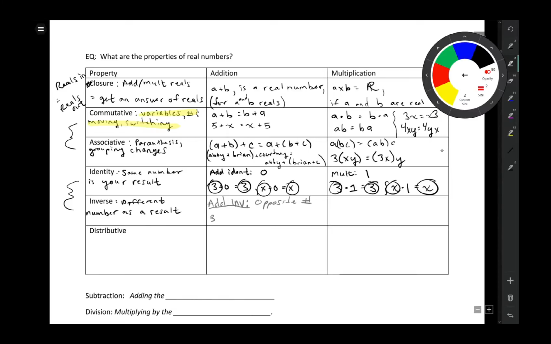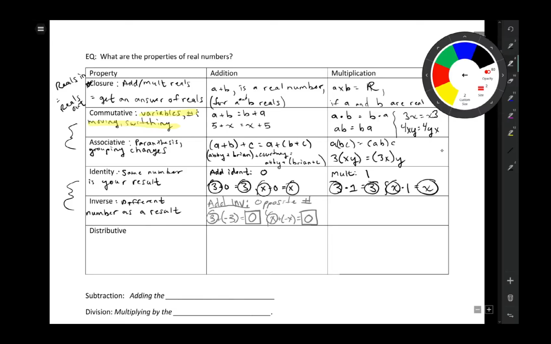So 3 plus negative 3, that is the opposite, equals 0. Notice, we start with a 3, we end with a 0. That makes it inverse. X plus negative x equals 0. Start with x, we get 0.